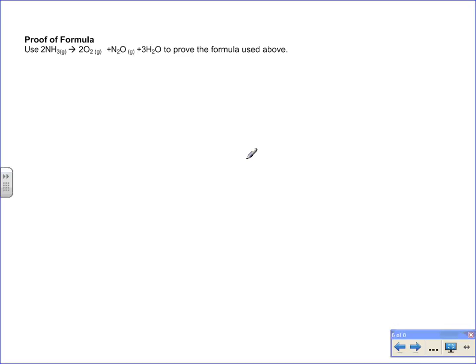We're going to do that by breaking down this reaction into a series of heat of formation reactions. What we're going to do is look at the heat of formation reactions that we can for this reaction. So for NH3, for N2O, and for H2O. Okay, and this is H2O gas that we're dealing with here.